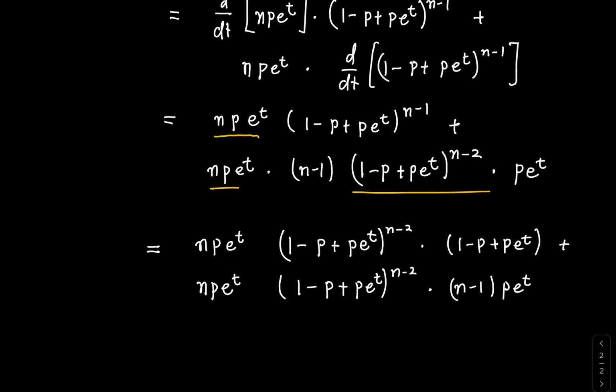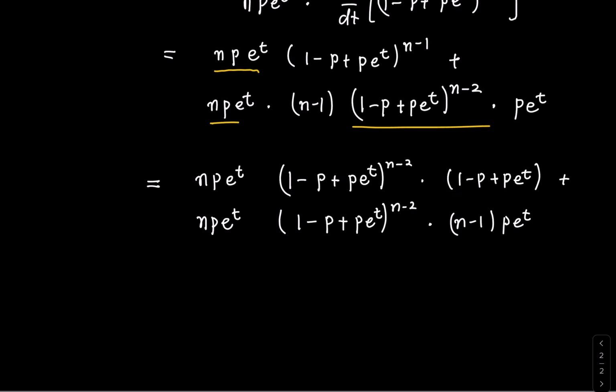After all of this, I'm going to combine these two expressions, taking a common factor out of this expression that I have. So that simply becomes np e to the t, and you've got the 1 minus p plus p e to the t, to the n minus 2.